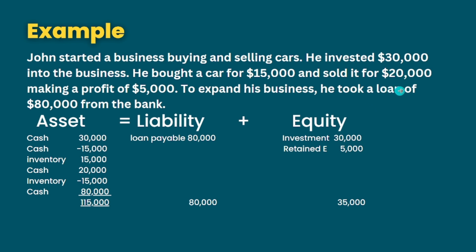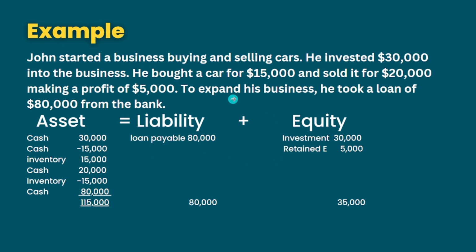And then it was sold for 20,000, making a profit of 5,000. So if it sold for 20,000, then our cash will increase by 20,000 and then inventory will decrease by 15,000. So when we put all of this together, we get 35.